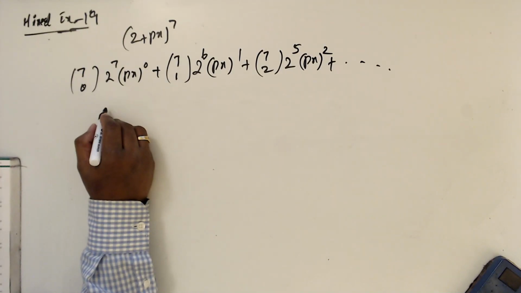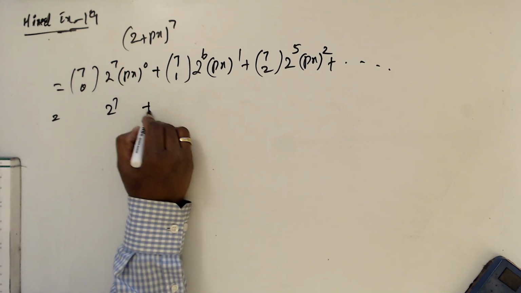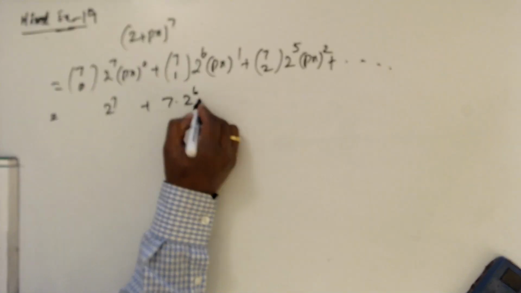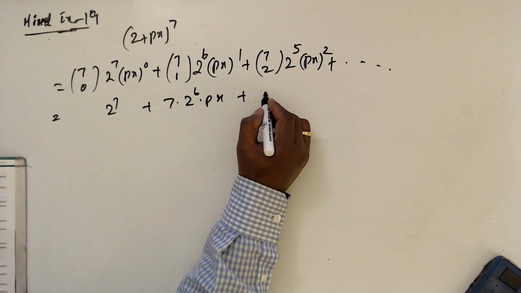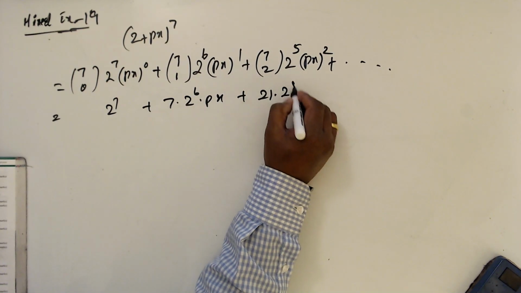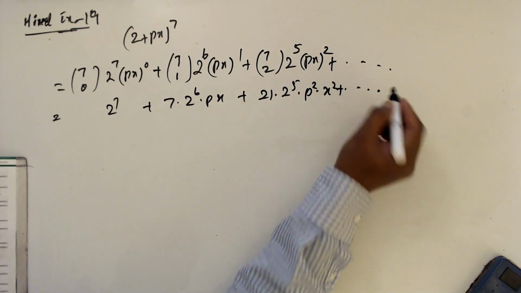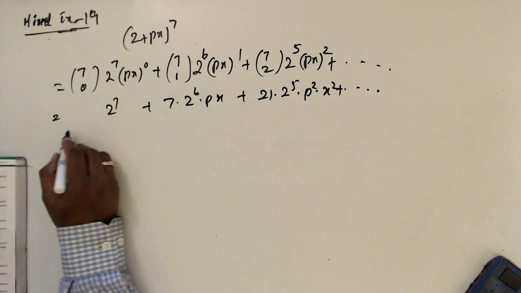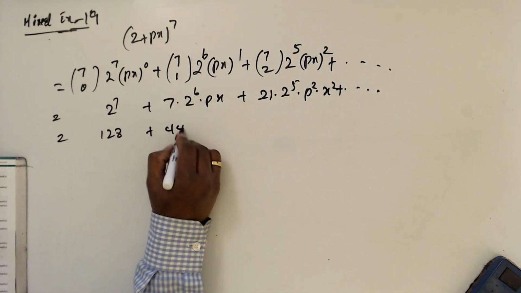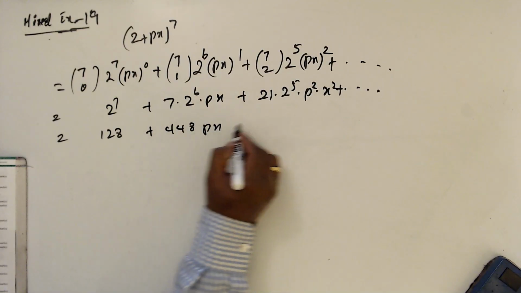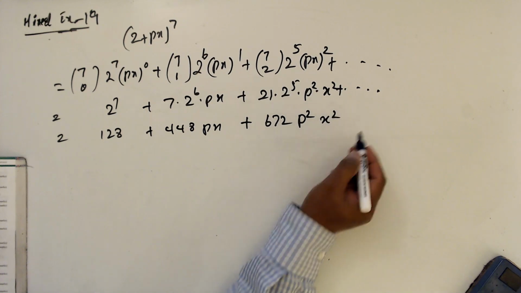So this is going to be 2^7, and this is going to be 7 times 2^6 p x. Then this is going to be 21 times 2^5 p square x square plus dot dot. This is equal to 128 plus 448px plus 672 p square x square.